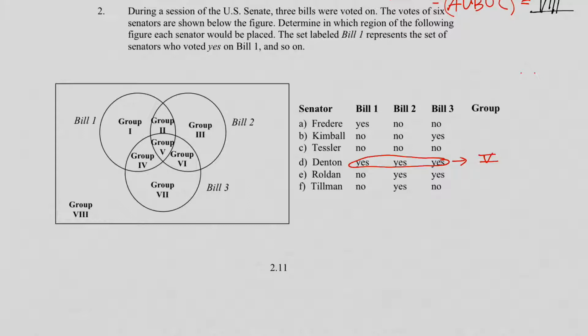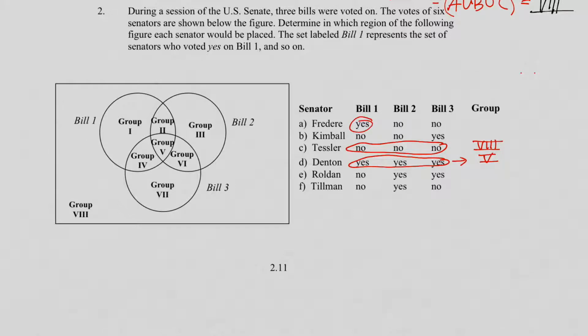And then the other easy one would be, what if they all voted no? That means they would not be in any of the circles. So there's all the straight no's, and that is outside all 3 circles. That is region 8. So that's where I would start. And then I would go to one yes. One yes signifies exclusivity.